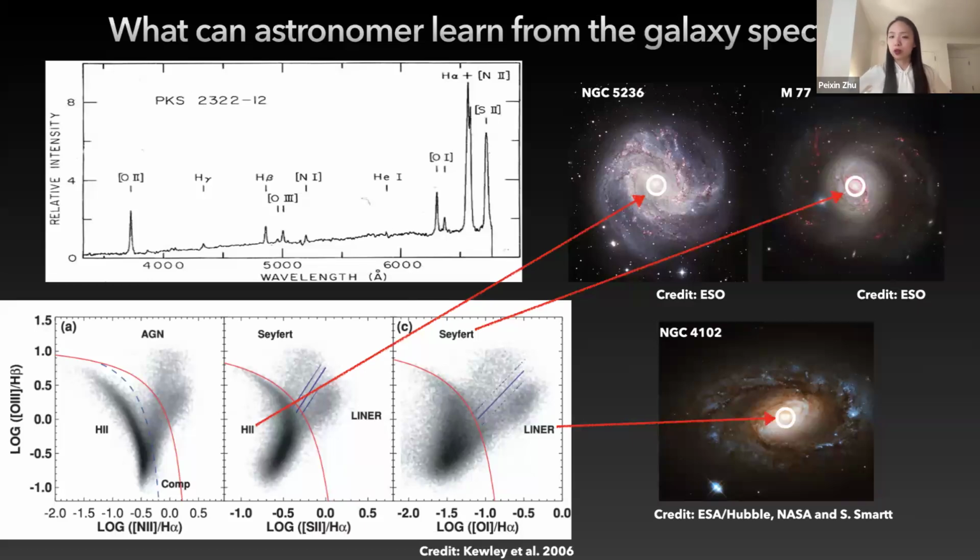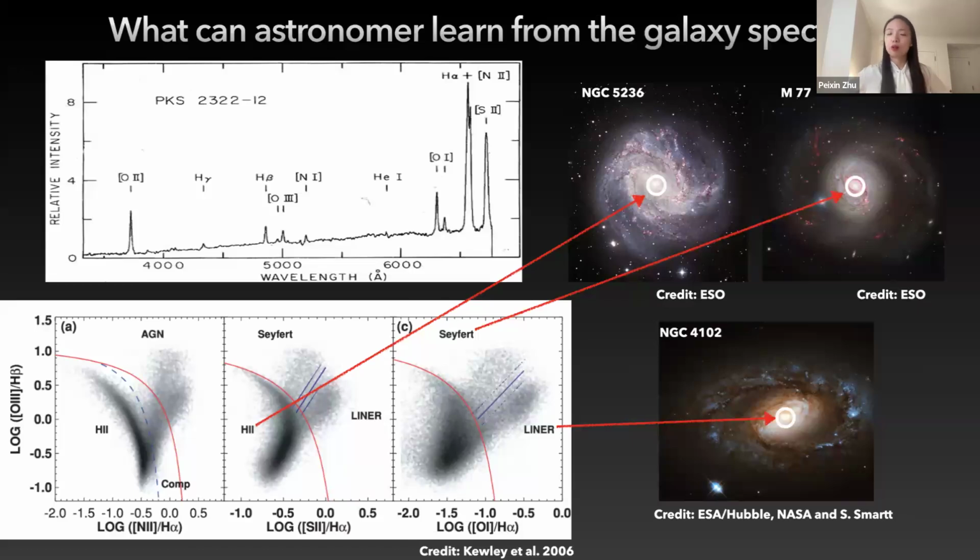These galaxies, although they have a bright source in the galaxy center, as shown in the NGC 5238 image, do have a bright center in the optical image. But these bright centers are actually contributed by a starburst event or star formation event instead of actively accreting black holes. So these are not black hole accretion events.